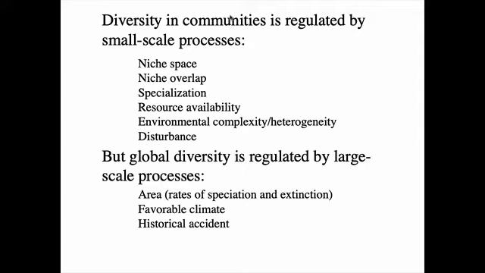The things that seem to be helpful are things that operate on relatively large scales, like the area of particular biomes. Area is related to speciation and extinction. The larger the area, the more opportunities there are for isolated populations to develop and to speciate.